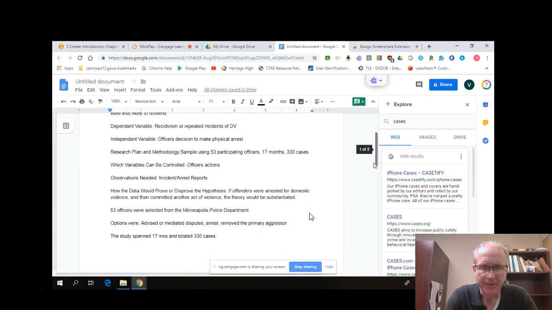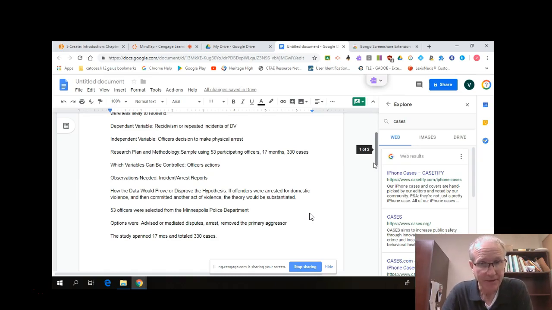Okay, just very briefly, to recap what he just said, the dependent variable is rearrested or not. In other words, recidivism or not, yes or no. It's a nominal variable. You're either in the category or you're not. You either got arrested or you didn't.